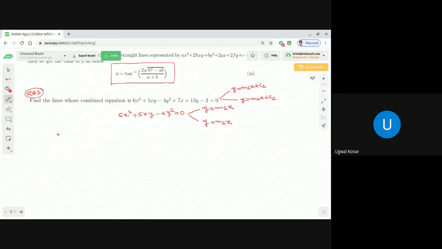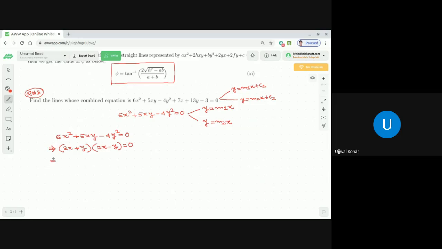So now let's concentrate on 6x² + 5xy − 4y² = 0. If we factorize, dear students, we are going to get (3x + y)(2x − y) = 0.